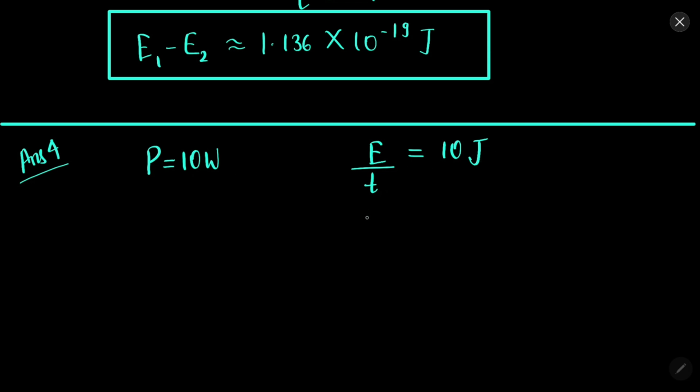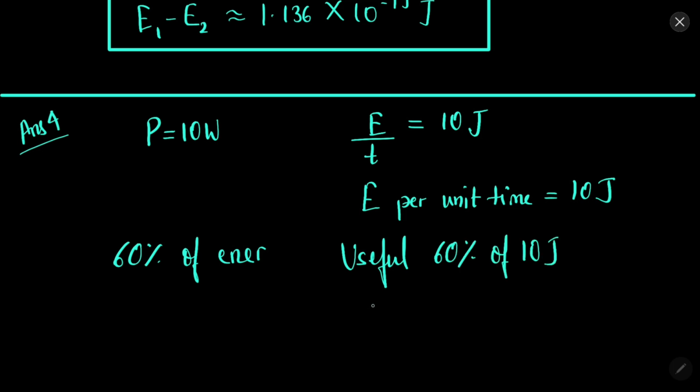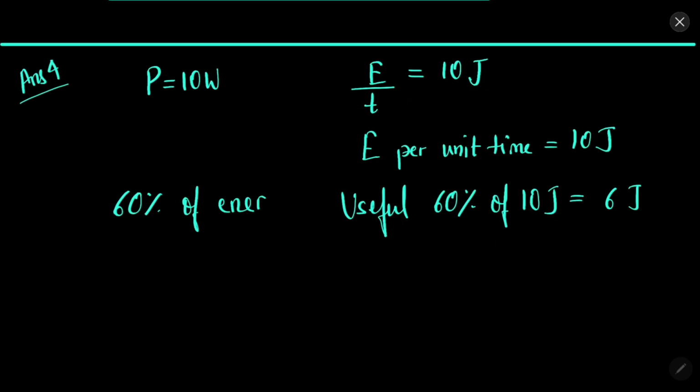Also, 60% of the energy is converted. So this means the useful energy is how much? 60%. Useful energy is 60% of 10 joules, so it will be 6 joule.